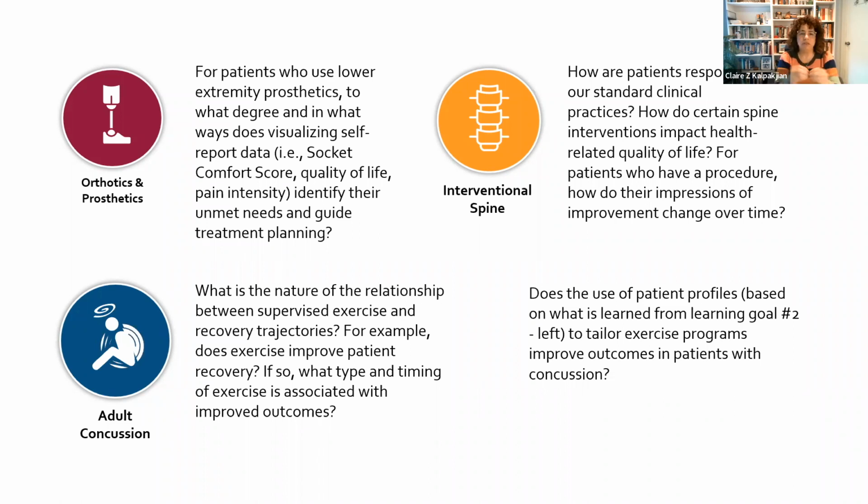Can they create patient profiles, and what they learn in this goal to the left, to tailor exercise programs to improve outcomes? So you can see that trajectory of three learning goals: who are our patients, is this relationship we think exists between supervised exercise and recovery, and can the phenotypes that we may generate from that first learning goal help us be more prescriptive?